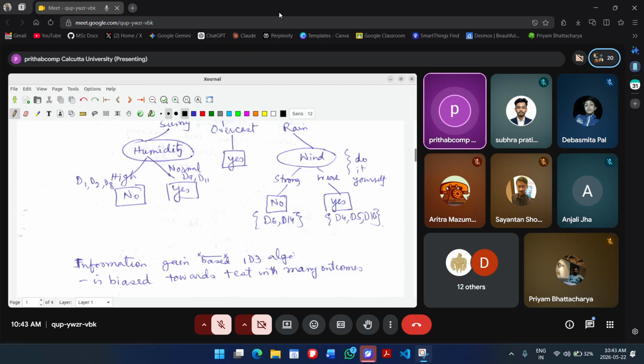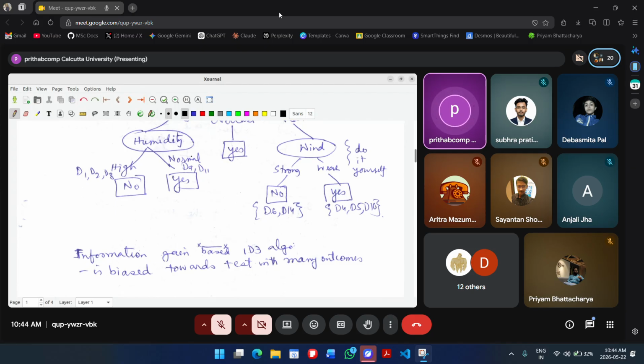So in order to balance that bias, another attribute selection measure is used, which is called gain ratio. I'm not covering that in detail, but this gain ratio selection measure is used in another version of the decision tree algorithm, which is called C4.5. Maybe you have seen those algorithms in your earlier class.